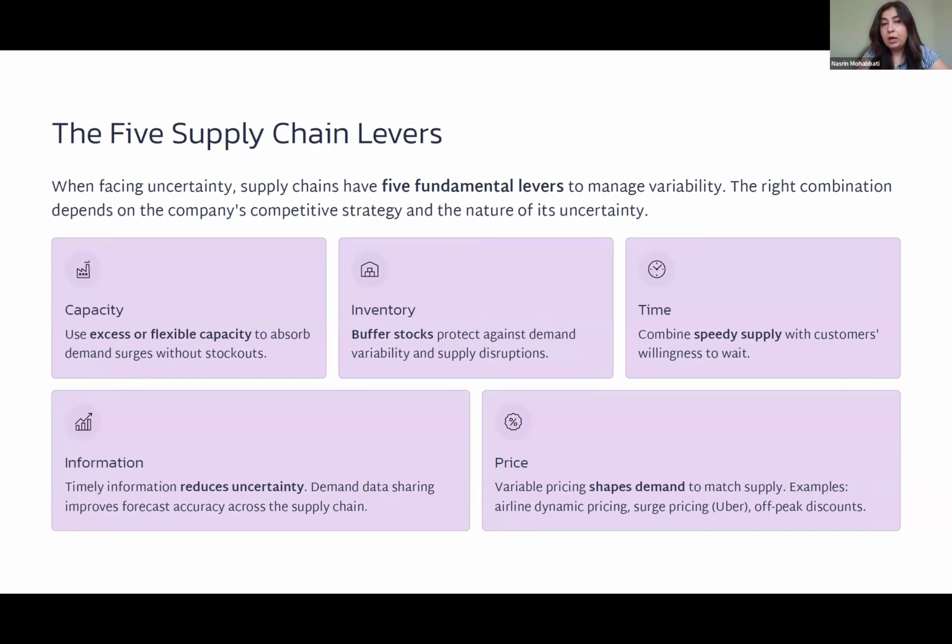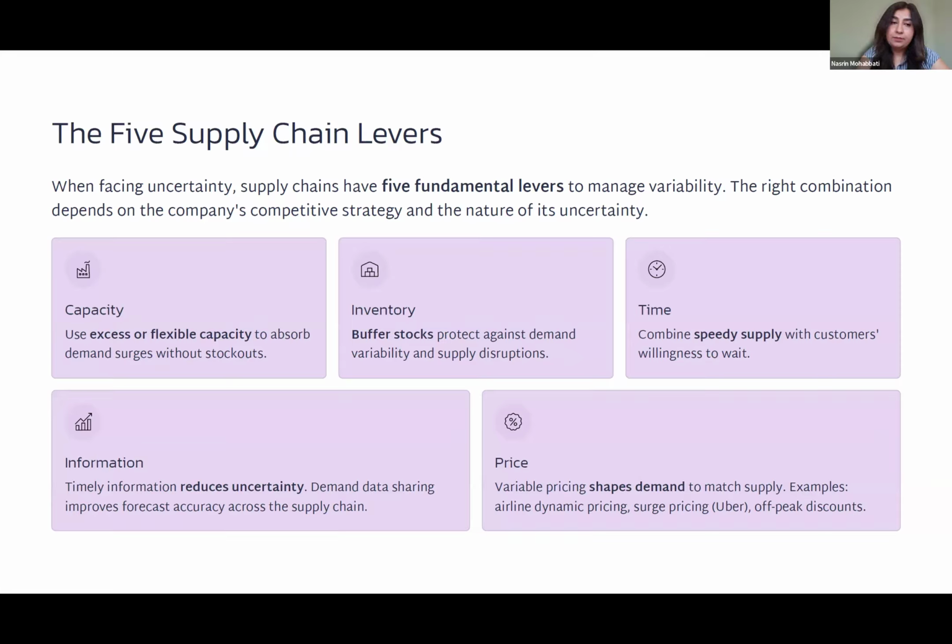And we want to learn how we can work through our supply chain and leverage some capabilities that we have to manage this uncertainty well and be ready for it and make sure that we can still have a successful business. There are five fundamental levers that we can use to manage this uncertainty.